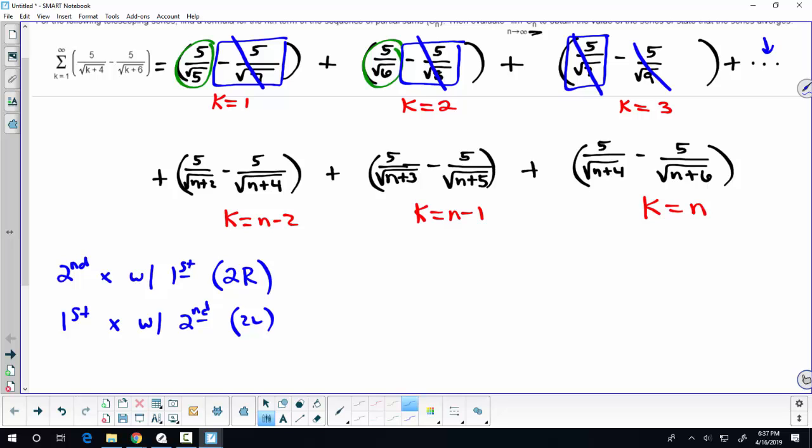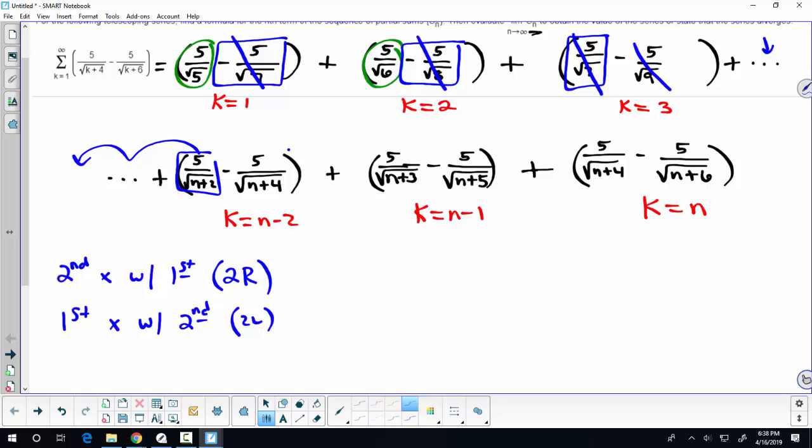We get to these. Maybe we need to look at these, maybe we don't. 5 over root n plus 2, does that cancel? Here. So that's the first in the pair. Cancels with the second, that's 2 to the left. Since we have the continuation, this is going to cancel with this one over here. That's gone. Minus 5 over root n plus 4, does that cancel?